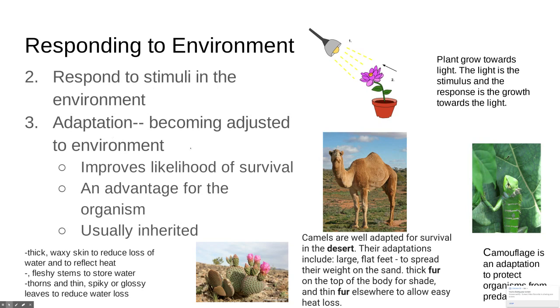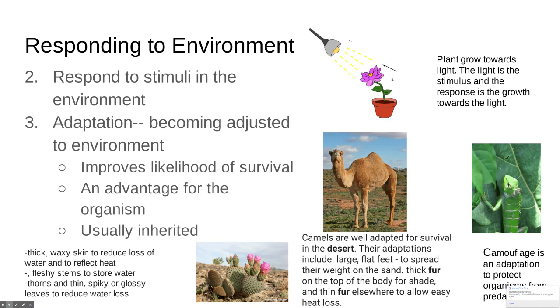There are adaptations that living things have. Many of them are inherited. It's an advantage for the organism, and it improves their likelihood of survival. I have 3 examples here. We've got camouflage, which helps this organism hide from predators. Camels are adapted in several ways. They've got large flat feet to help them walk in sand.